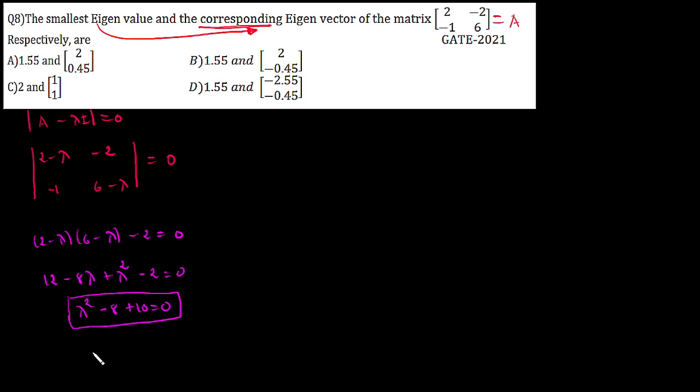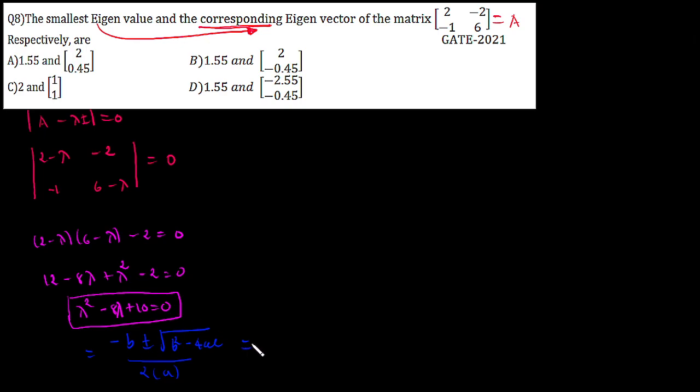Simply use the formula for finding the roots of any quadratic equation: negative b plus or minus under root of delta, where delta is b square minus 4ac, divided by 2 times a. Here a is the coefficient of the lambda square term and b is the coefficient of lambda. Here we are getting minus 8 lambda, I missed lambda earlier, and c is the constant term.